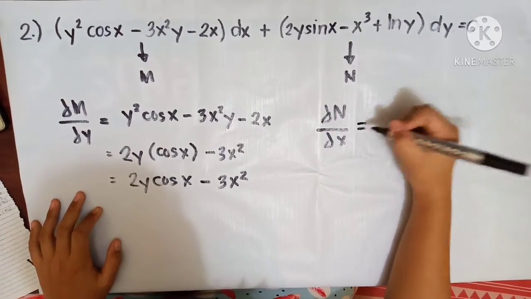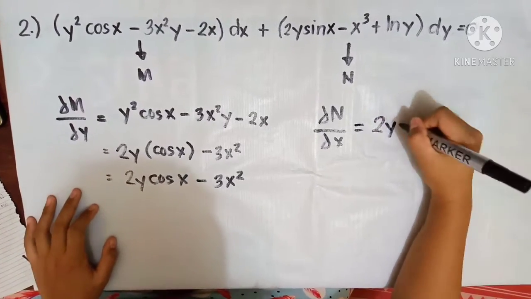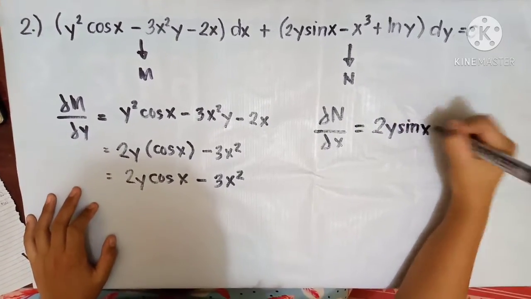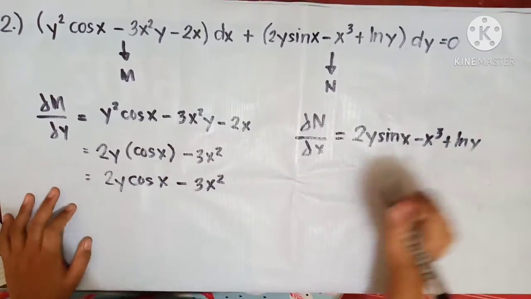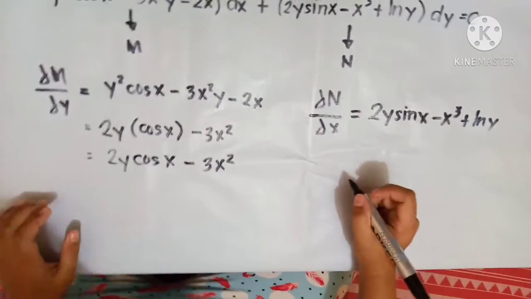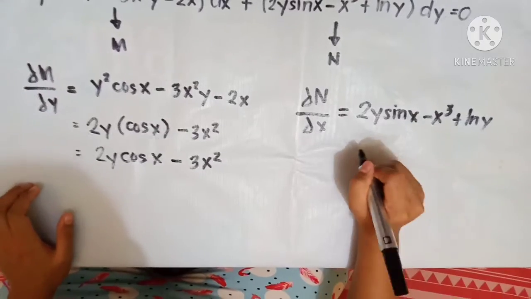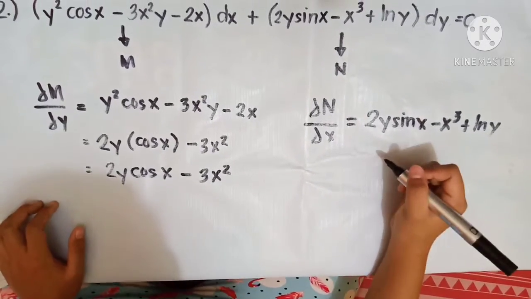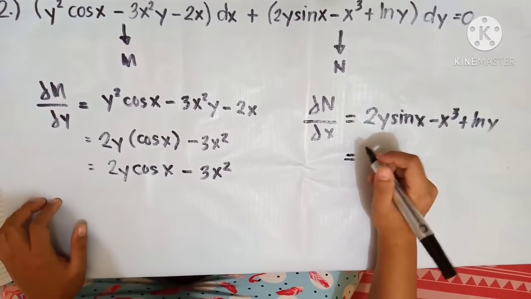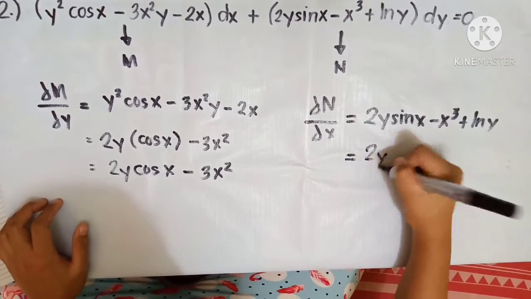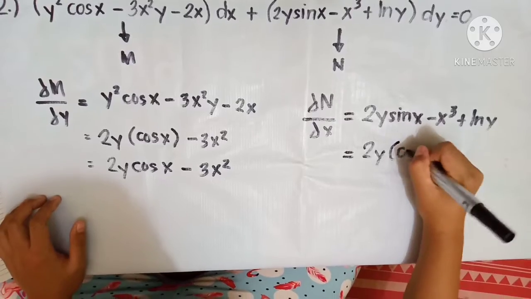Equals our n, which is 2y sine x minus x cubed plus ln y. So we will differentiate it in terms of x. So we will treat other variables aside from x as constant. So 2y will remain 2y. The derivative of sine x is cosine x.